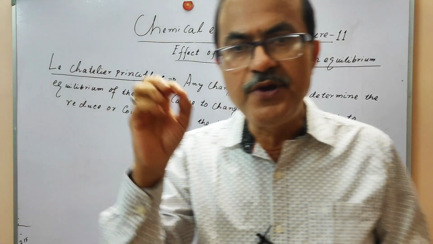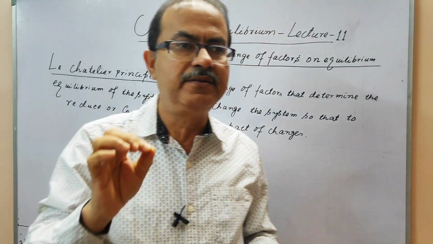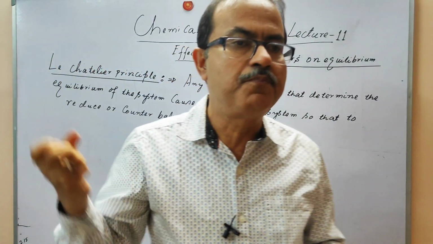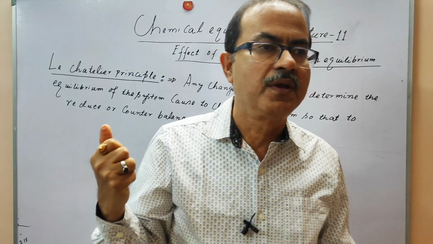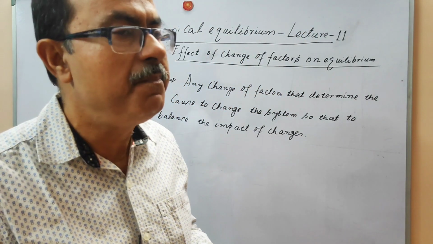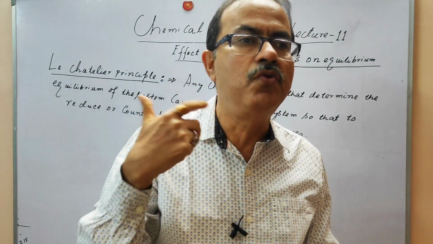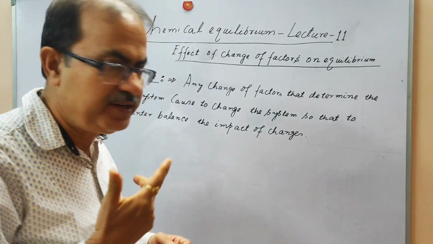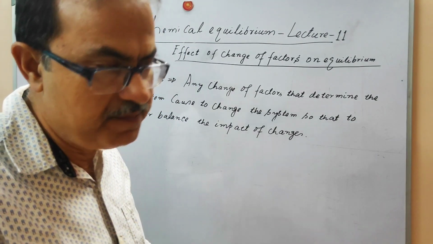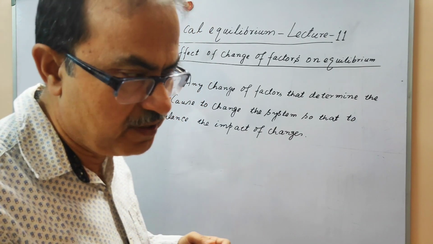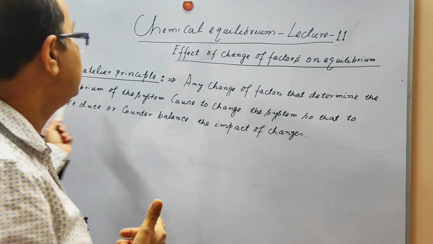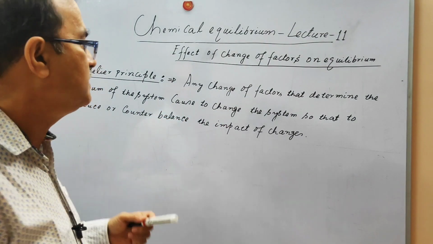If we add some reactant, or if we remove some product from the system which is in equilibrium, how the system is going to be affected, how it is going to change itself, can easily be predicted by Le Chatelier's principle.